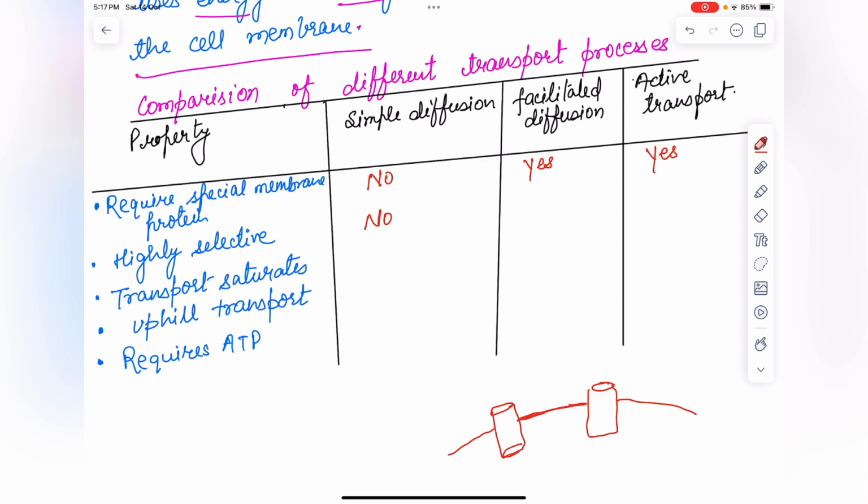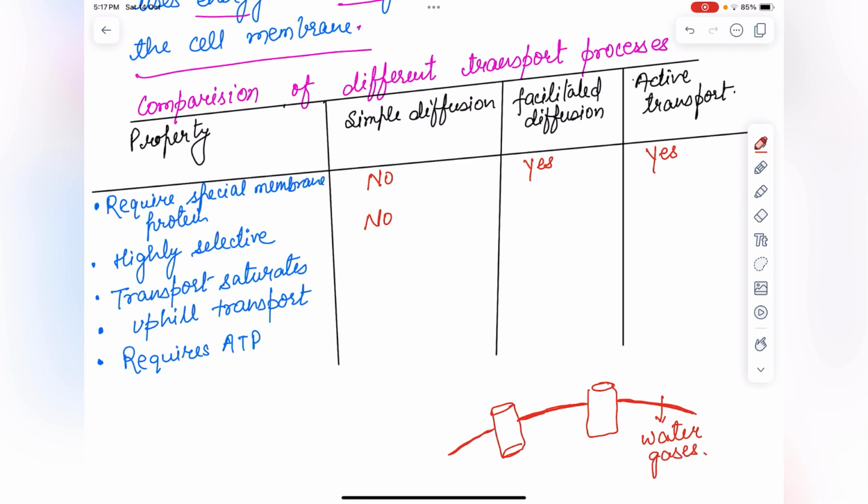In facilitated diffusion, is it highly selective? Yes, because the cell membrane is made of lipids, so water diffuses through it, and gaseous diffusion will also take place. In simple diffusion, water and gases diffuse.